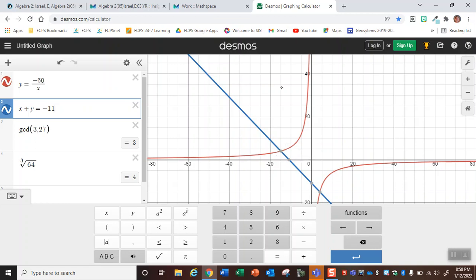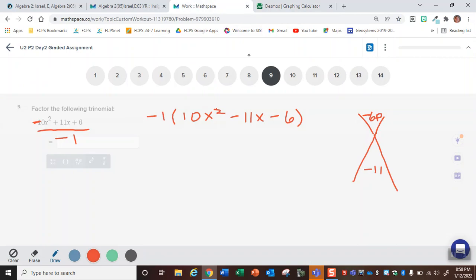And so that's negative 15 and positive 4. And so then I'm going to keep this negative 1 as one of my factors. You just got to remember it for the end. I'm just going to ignore it for now and deal with this. So I've got 10x squared minus 15x plus 4x minus 6.